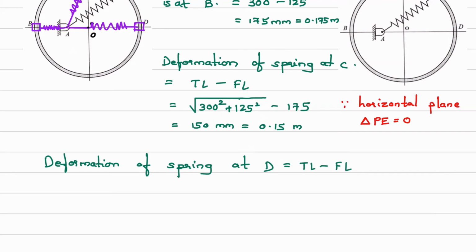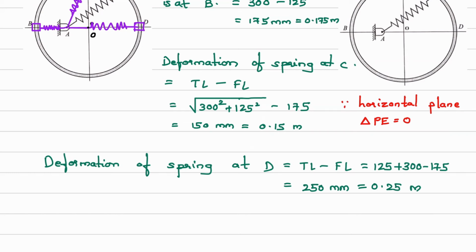What is the total length of the spring? It is AD, which is length AO plus length OD. AO is 125, plus OD, it is radius 300, minus free length, 175. So from here I can calculate deformation of spring at D. That value is 250 mm, which is equal to 0.25 meter.